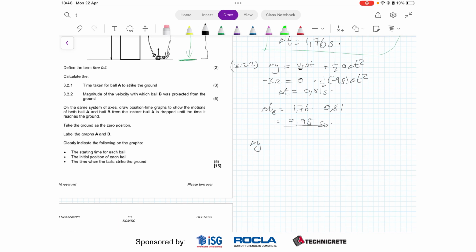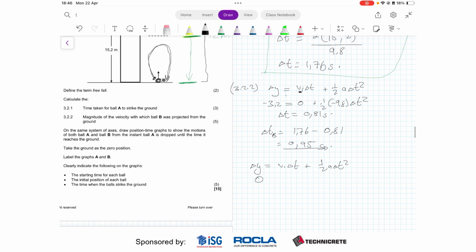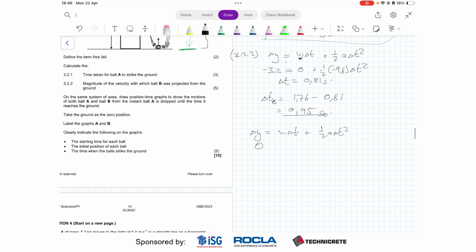So we can then say delta y is equal to vi delta t plus 1 over 2a delta t squared, where we know that delta y is 0 because remember it went from the same point right back down, okay, is equal to the initial velocity multiplied by the time, so that's going to be 0.95 v initial plus 1 over 2 into minus 9.8 multiplied by 0.95 squared.